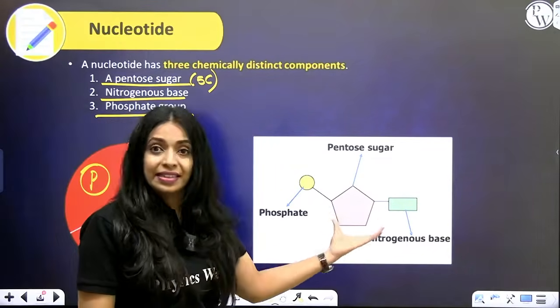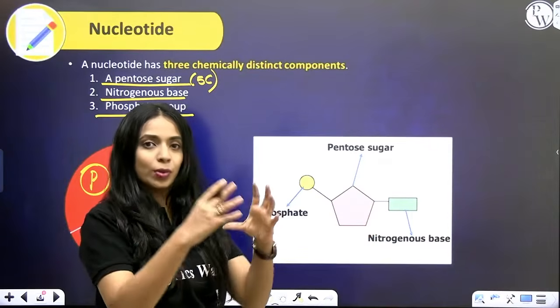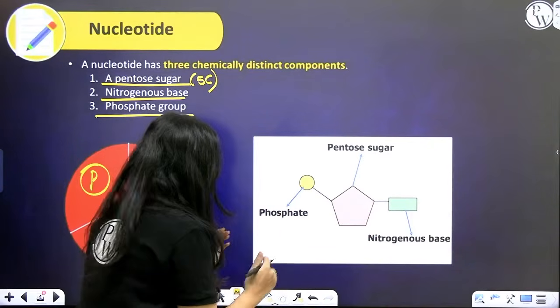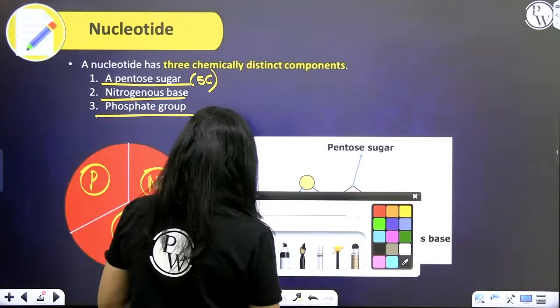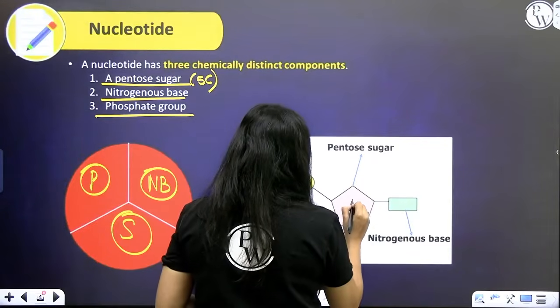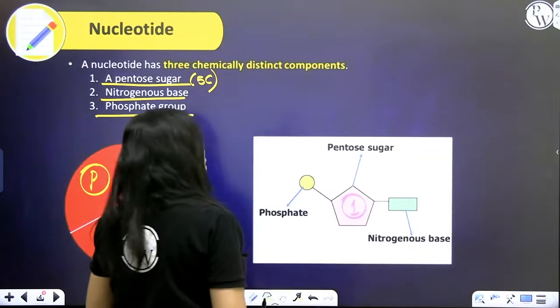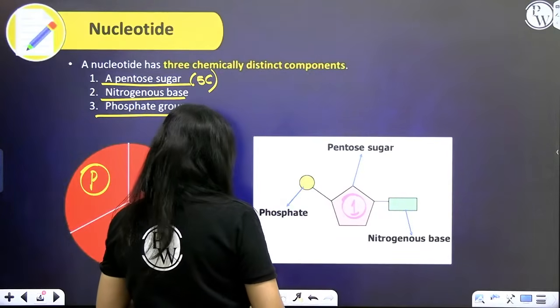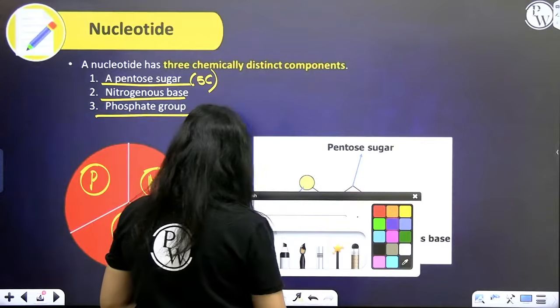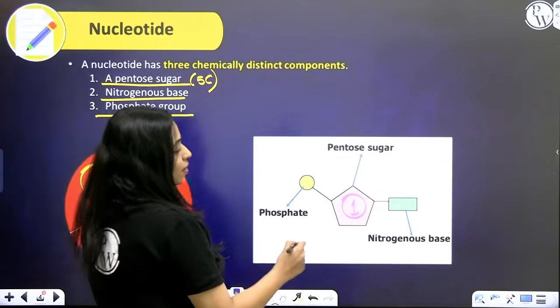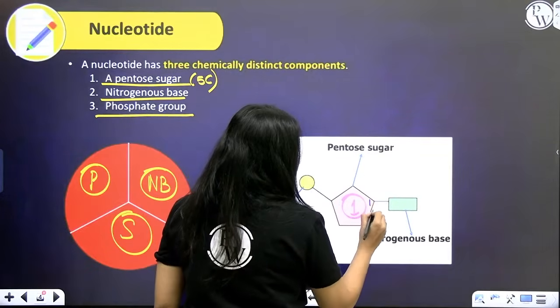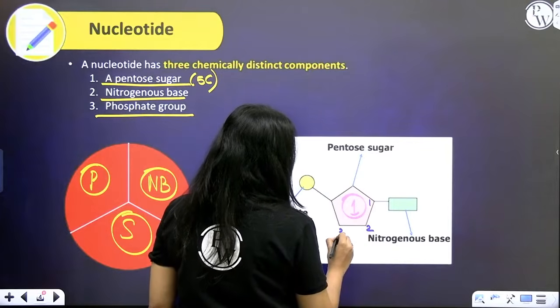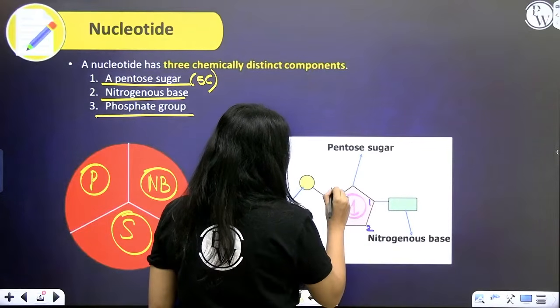Here's how they are attached to each other in a nucleotide. At the center, you will have the pentose sugar. The pentose sugar will have 5 carbons. Let's start counting these carbons in clockwise direction. Here will be our first carbon, second carbon, third carbon, fourth carbon, fifth carbon.